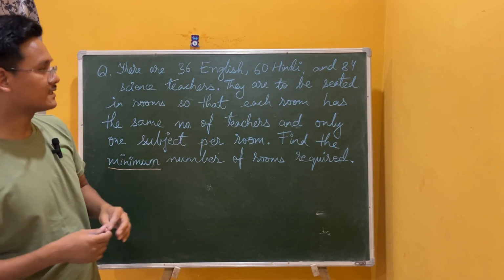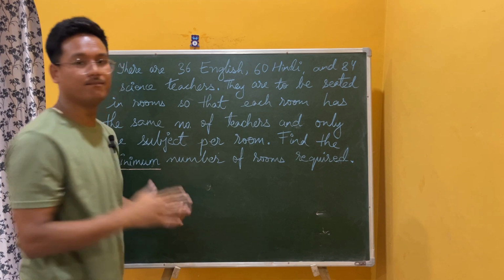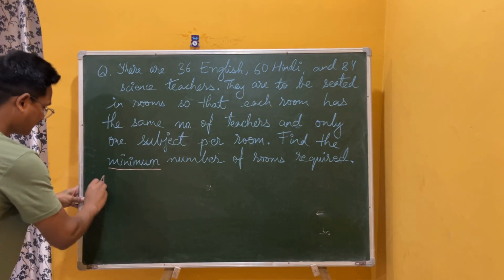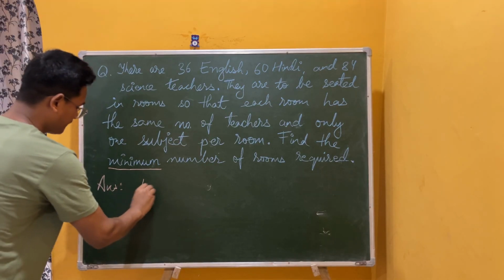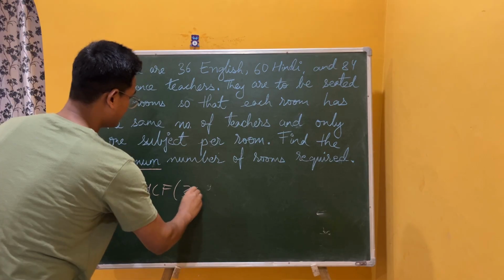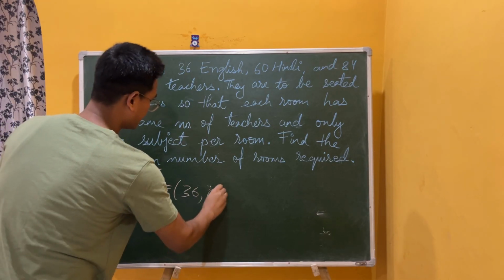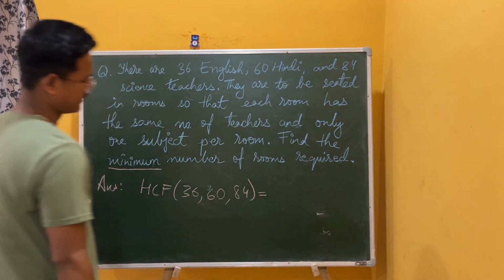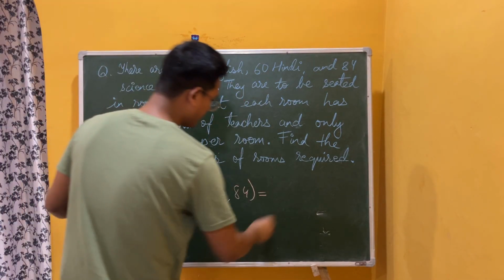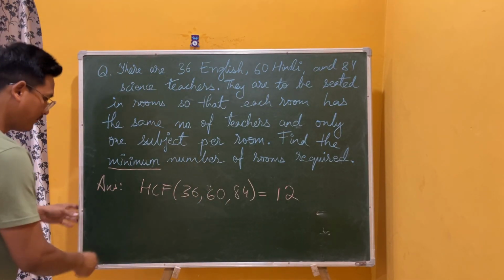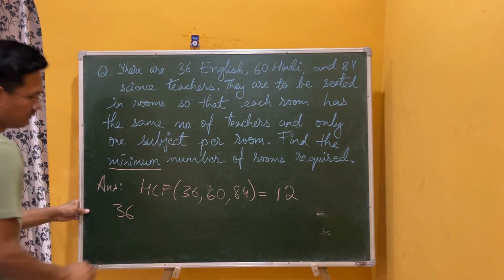So ultimately it's like dividing these numbers by the biggest number, which is HCF. So HCF of 36, 60 and 84. The answer, I know it is 12. For you, let me do it.